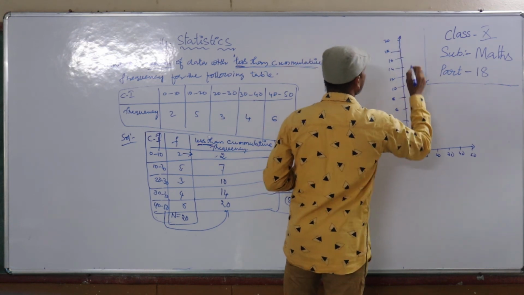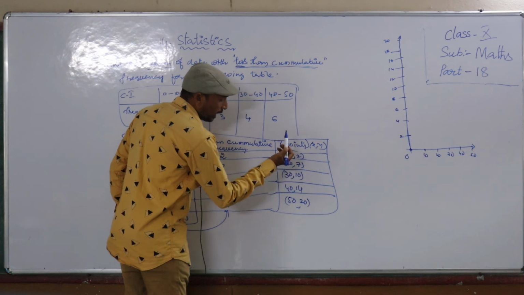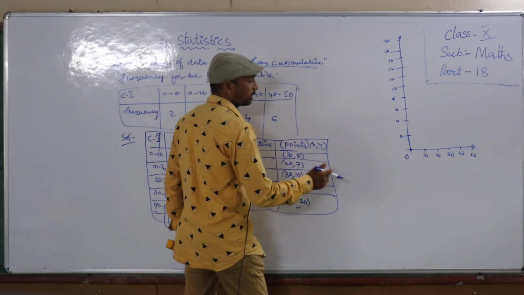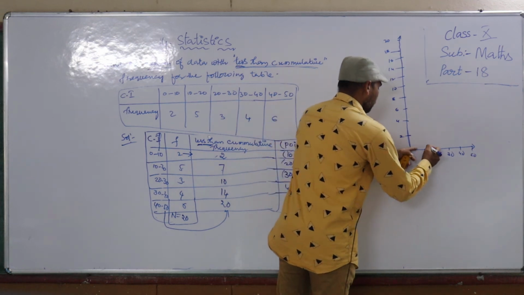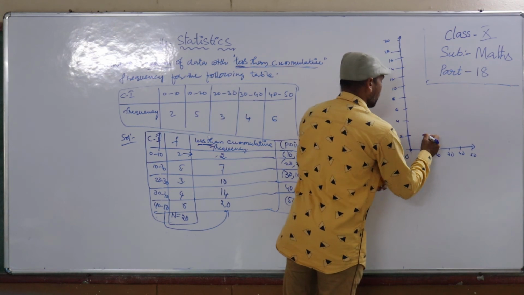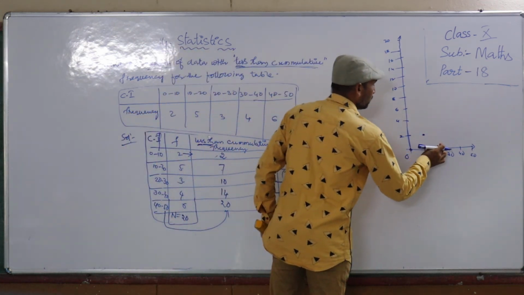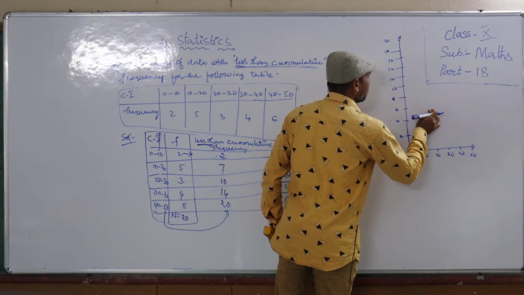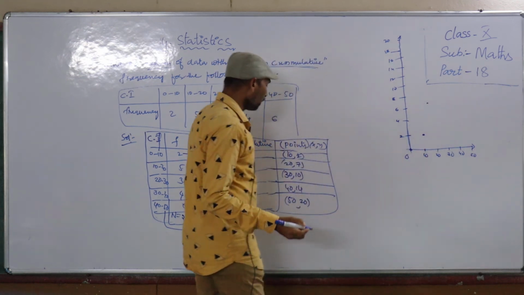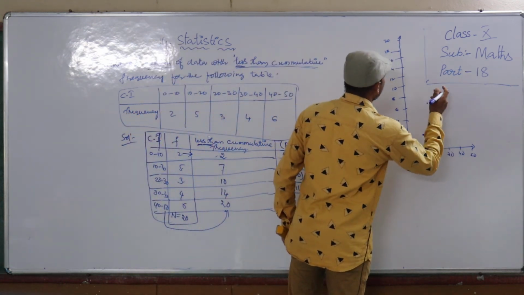After taking the scale, see here: 10 on the x-axis and 2 on the y-axis, so going straight, this is the point 10, 2. Then 20, 7, you will get in between 6 and 8 here. Then 30, 10 somewhere here.